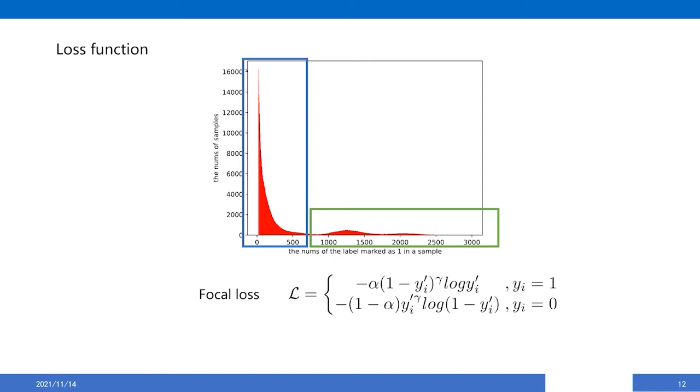Although there are more than 13,000 labels for a sample, less than 500 labels are marked as 1 in most samples. Aiming at this problem, focal loss is adopted as the loss function. It can be expressed as this function. During training, the Adam algorithm is used to adjust the model parameters through backpropagation until the value of the loss function no longer decreases.